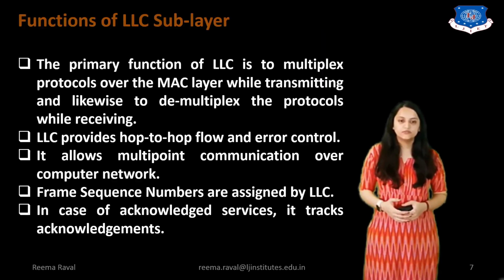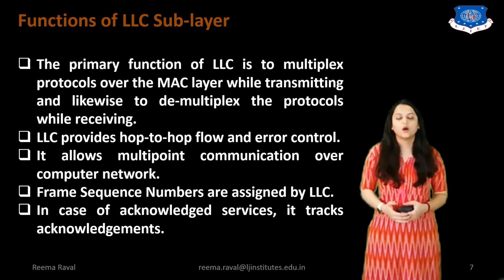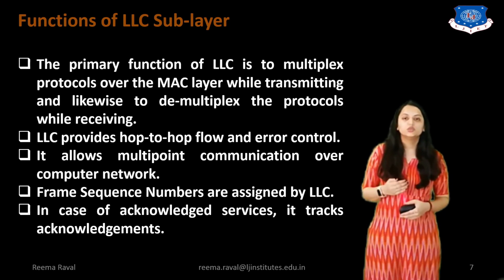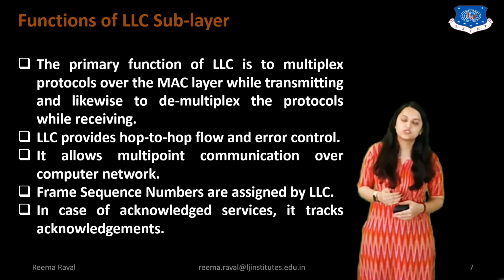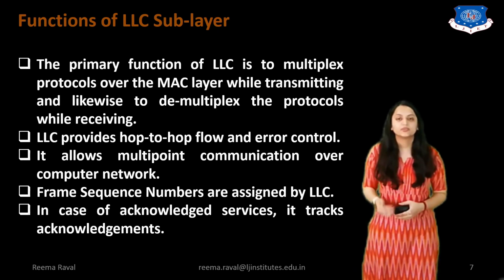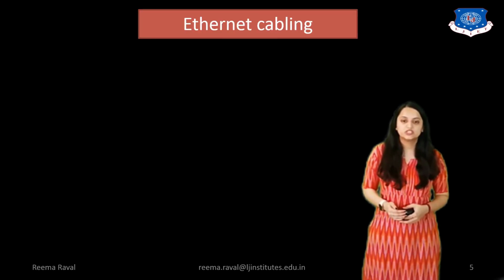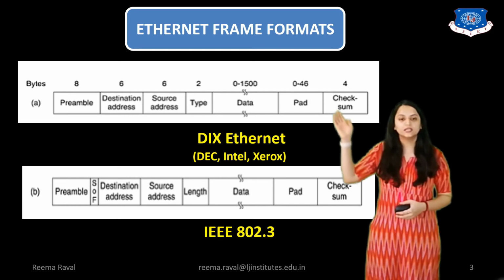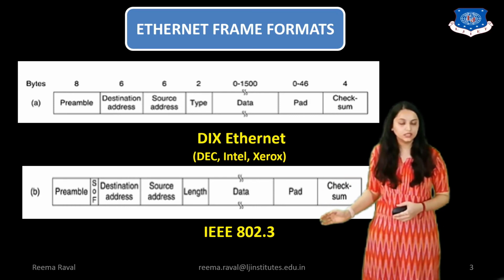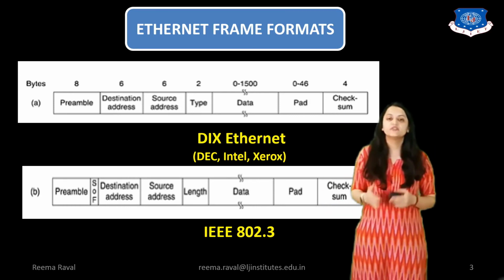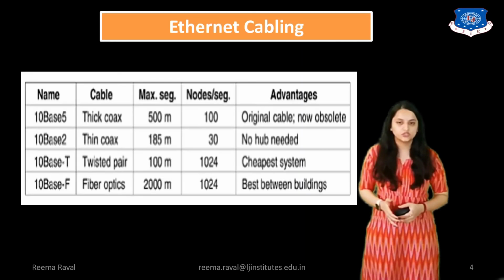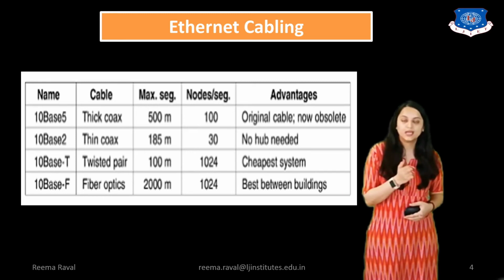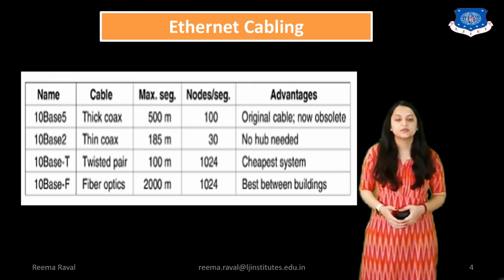So in this session, we have seen two topics, that are Ethernet and LLC. In Ethernet, we have seen the two frame structures, the Ethernet frame and the other frame structure, which is the IEEE 802.3 structure. We have seen the table comparing the different Ethernet cabling, which is 10-base-5 cable, 10-base-2 cable, 10-base-T, and 10-base-F cables.